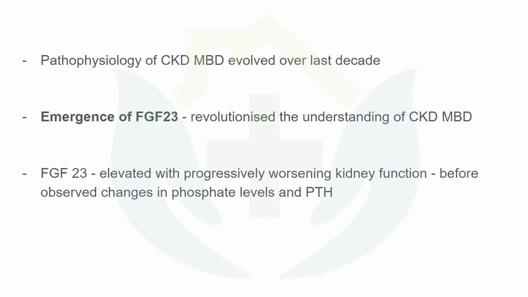Later, the pathophysiology of CKD-MBD evolved a lot over the last decade, especially with the emergence of a factor termed FGF23, or fibroblast growth factor 23. The understanding of this factor revolutionized the understanding of CKD-MBD pathogenesis. FGF23 is elevated with progressively worsening kidney function, even before observed changes occur in phosphate levels and parathyroid hormone levels.